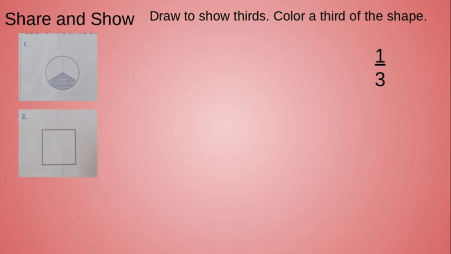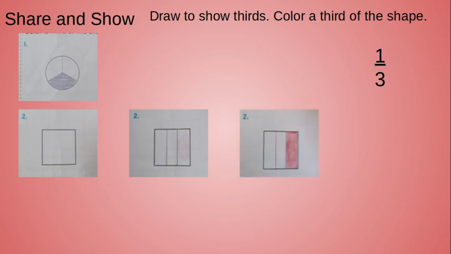All right, when you're drawing your thirds, I want you to use your pencil to draw the lines and then shade in with a crayon. So go ahead and show me thirds in the square, just like this. Remember, be careful with thirds. They can be a little tricky. And then we're going to shade in 1/3, 1 out of 3 of those equal parts. You can use any color crayon you want for these problems.